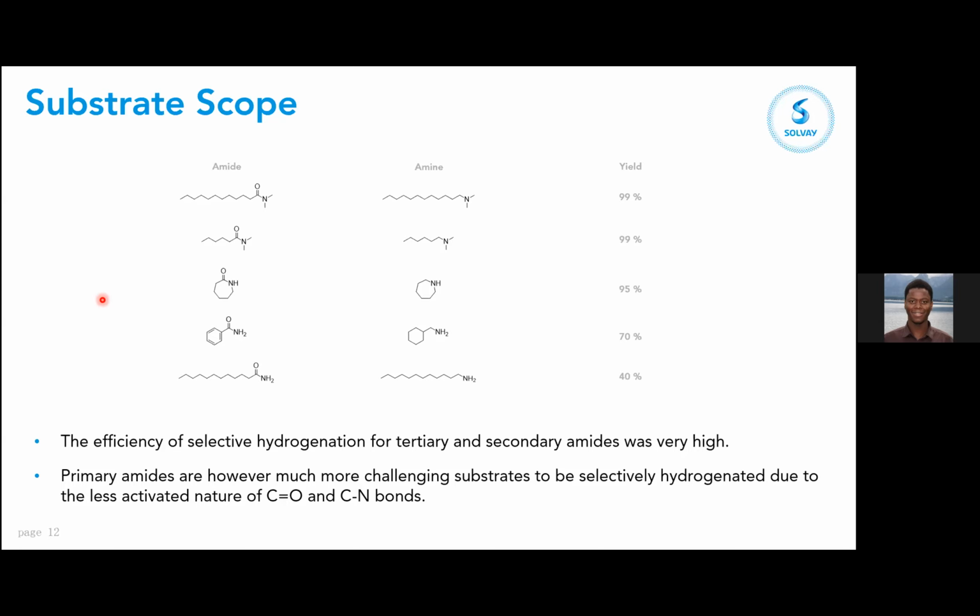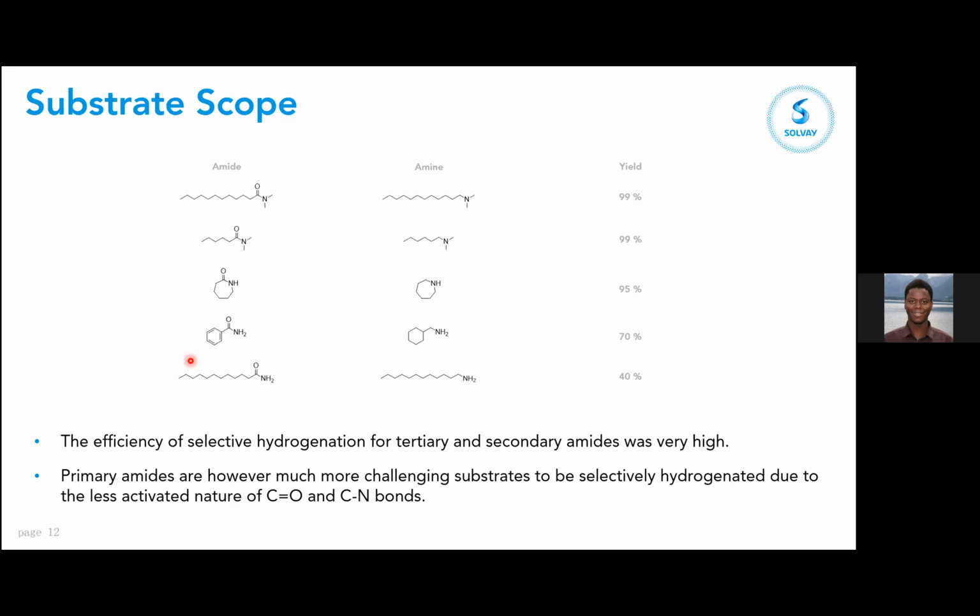However, we noticed that with secondary amides, there was a slight decrease in the maximum yield, up to 95%. And when we changed from secondary to primary amides, there were much more challenging substrates to be selectively hydrogenated.